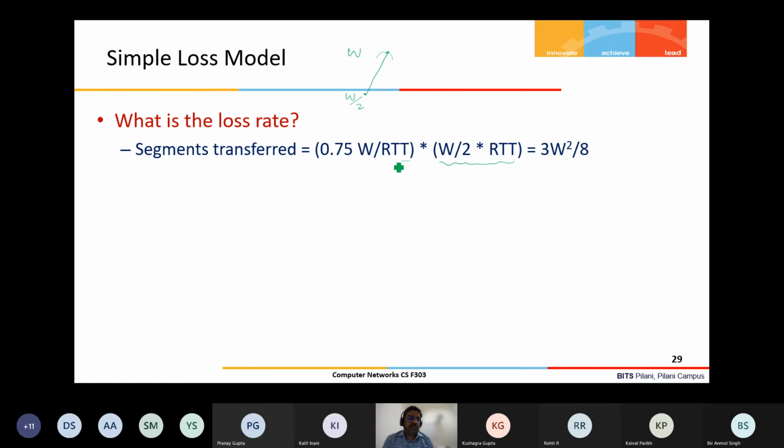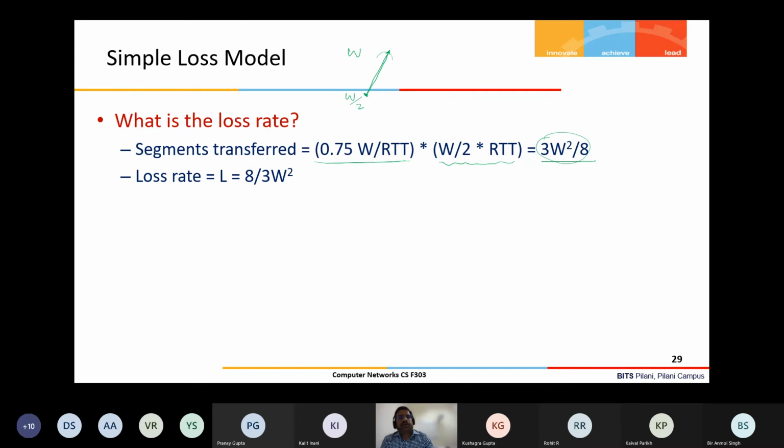The throughput is 0.75 W by RTT, so if I multiply the throughput with the time, I get the number of segments transferred, which equals 3W square by 8. Then one packet or one segment is lost, because once I reach W, let us assume exactly one packet is lost. These are all assumptions to come up with a model.